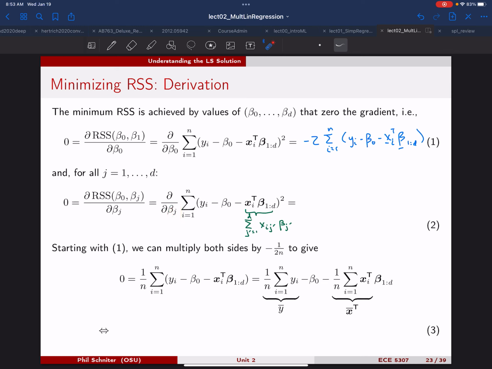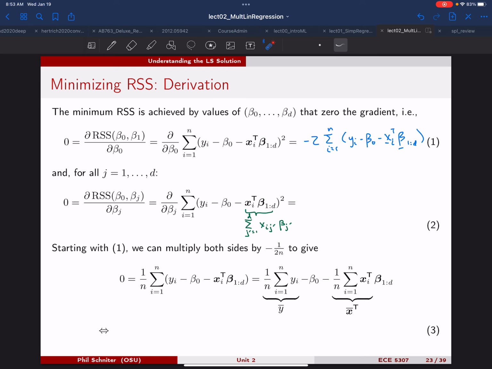So to take the partial derivative with chain rule, I'm going to get 2 times this whole sum times the derivative of this. And you can see the first two terms go away when I take the derivative. And when I take the derivative of this sum with respect to beta j, there's only one term that matters. It's when j prime equals j.